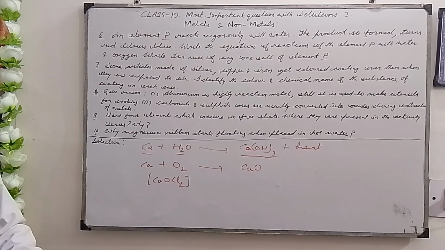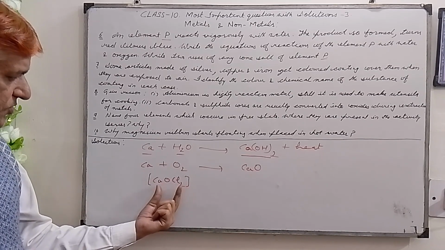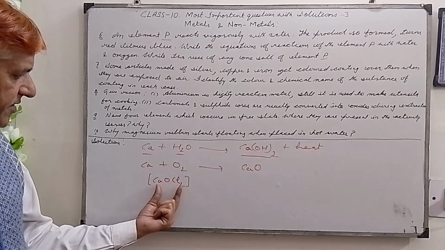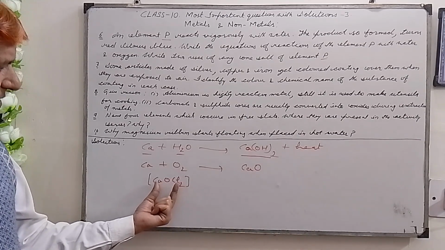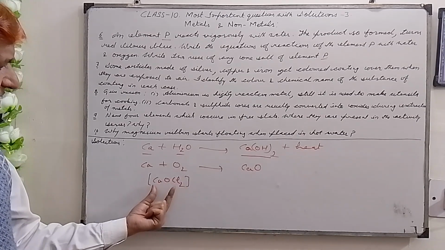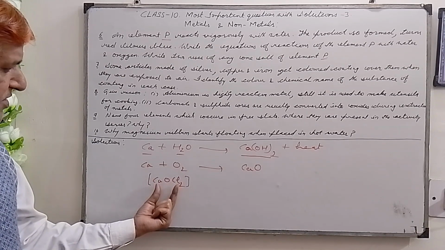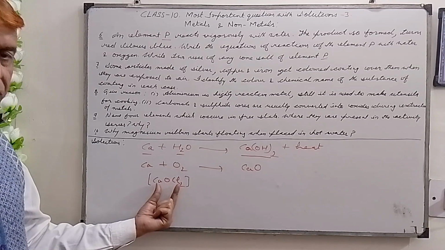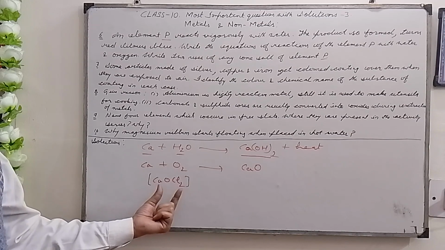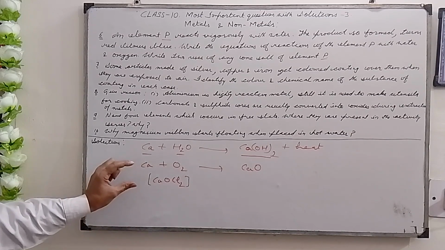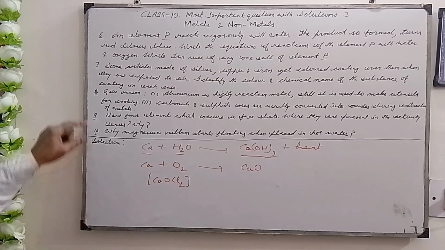So two uses of bleaching powder are, number one, it is used to disinfect drinking water, and second, it is used in the process of bleaching of clothes, white clothes. So these are the two uses of bleaching powder.